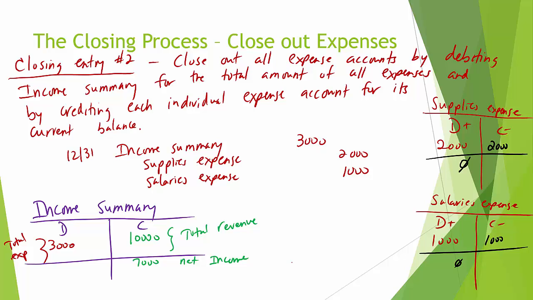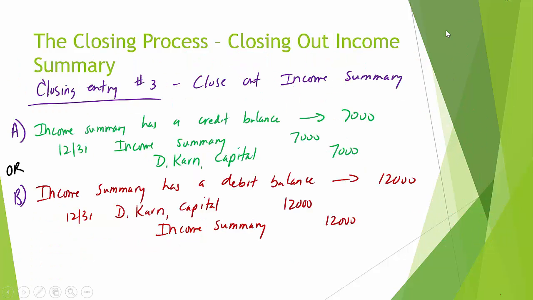Now, why are we doing all this in addition to closing these accounts out? Well, we have something that we have to resolve. Remember back in step 6B of the accounting cycle when we prepared the statement of owner's equity, we got the new ending balance of the owner's capital account. Well, when we close out income summary now in the next closing entry, we have to transfer either net income or net loss to the owner's capital account.